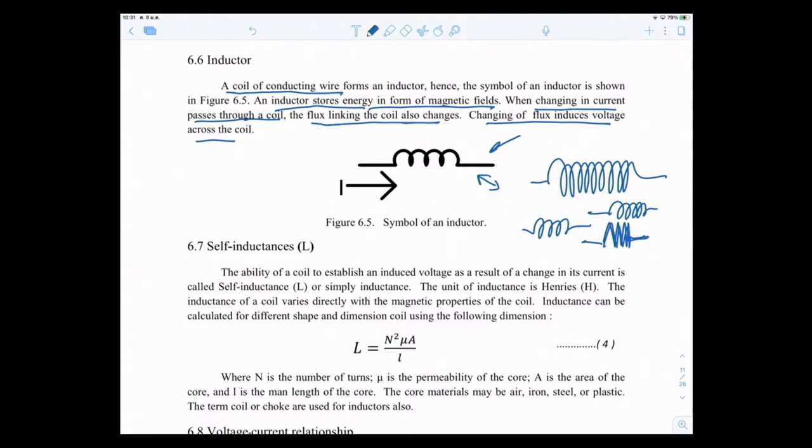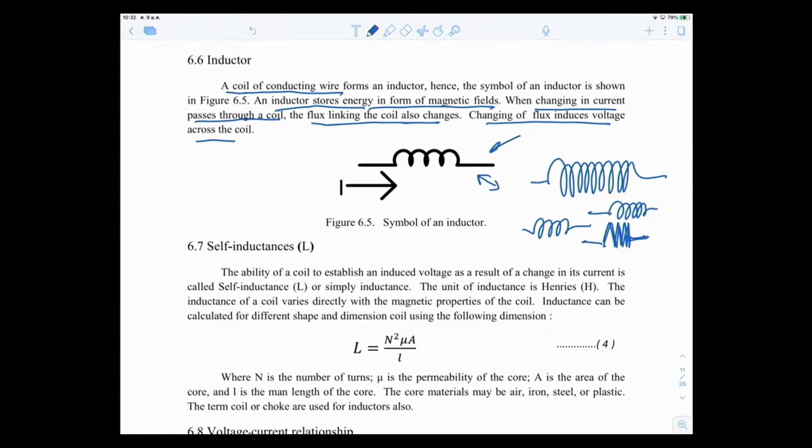You have current flowing, the current changes, and automatically there's voltage across this coil. That's it. That's why it's called the inductor. It induces voltage across the coil as you have a changing current passing through it. Magic.